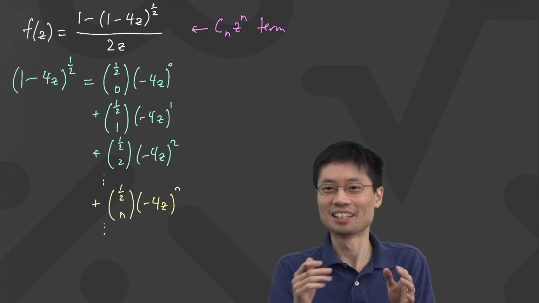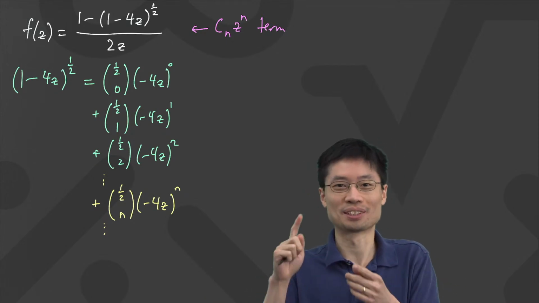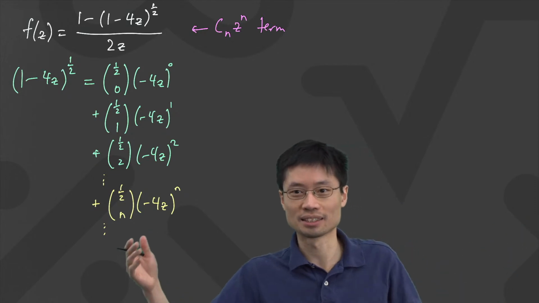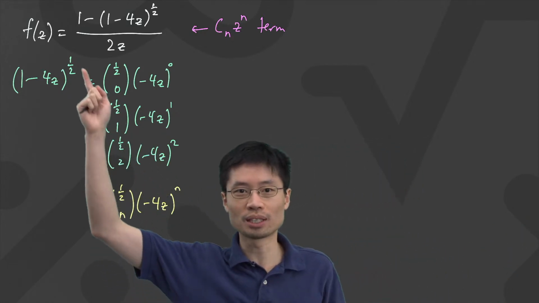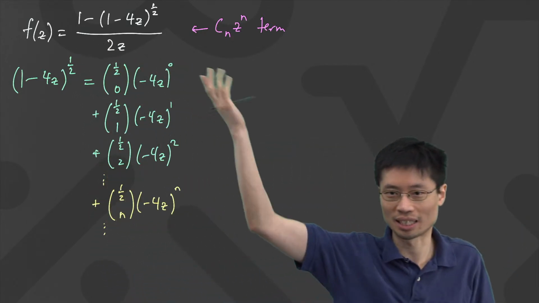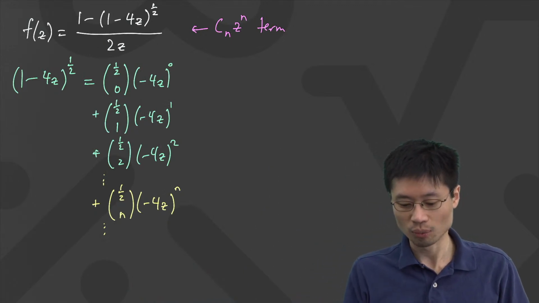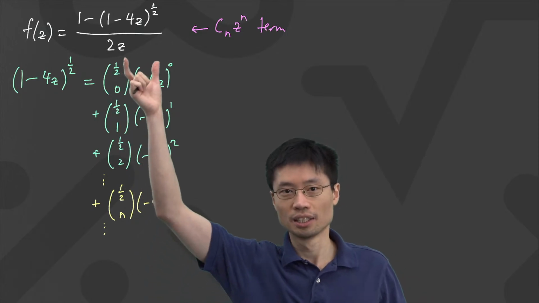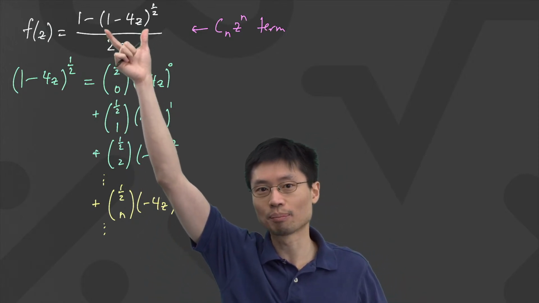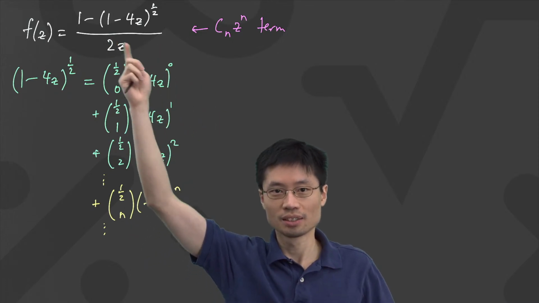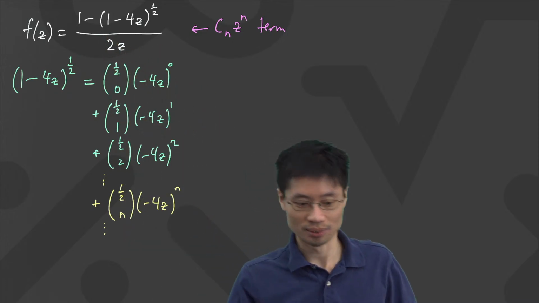We know how to find the Catalan numbers C0, C1, C2 by brute force. The interesting things are the big n's. And when I say the first one might be weird, it's just because there's a 1 minus here, and there's this extra 1. But in general, if I want to get the Cn z to the n term, the way it comes is I get the z to the power n plus 1 term from the Newton binomial thing, negate it, and divide it by 2.